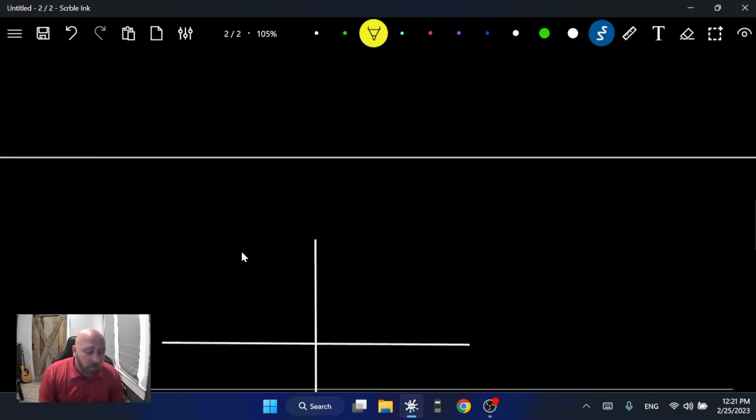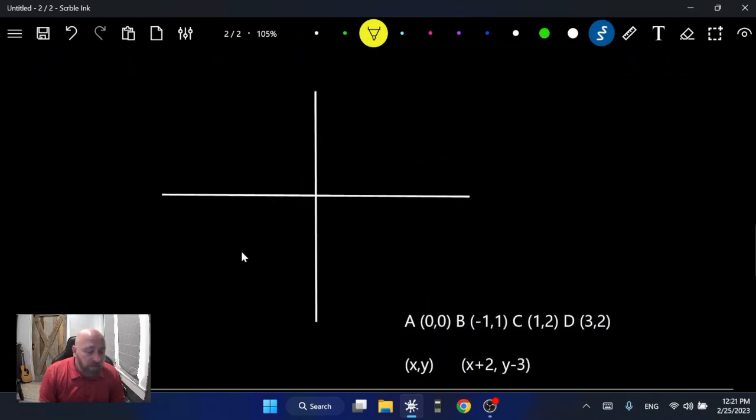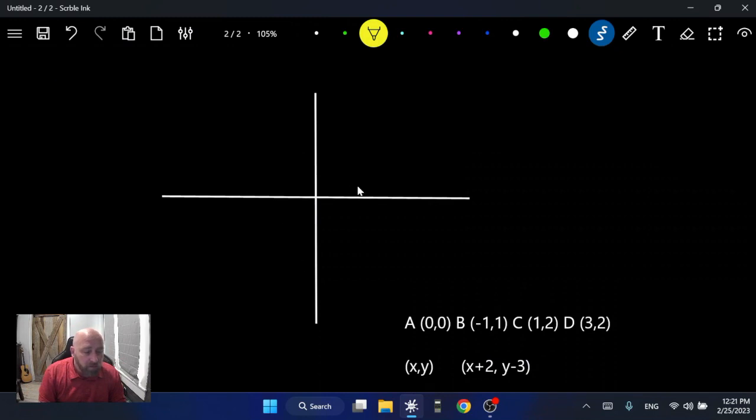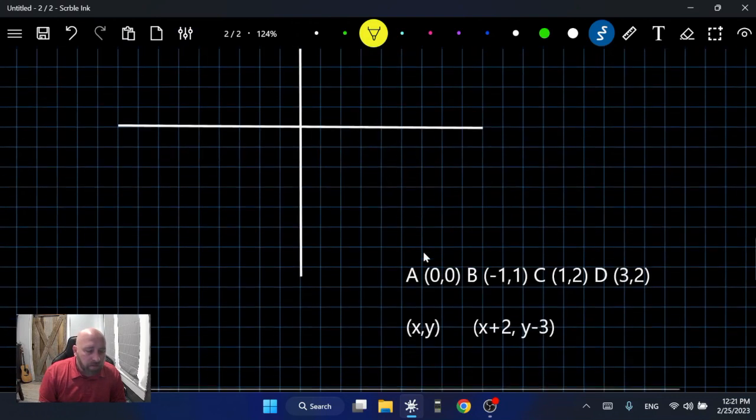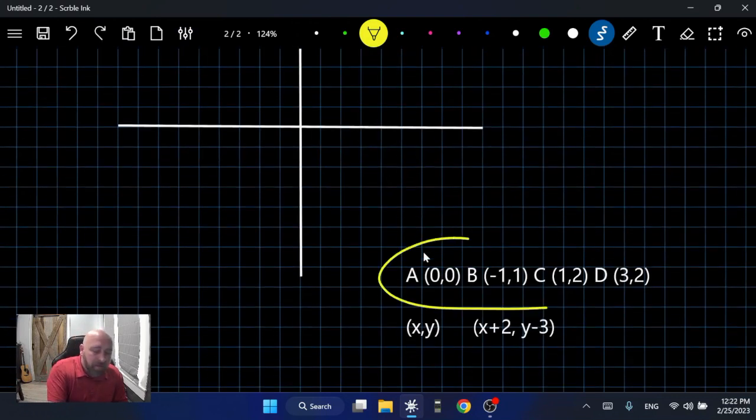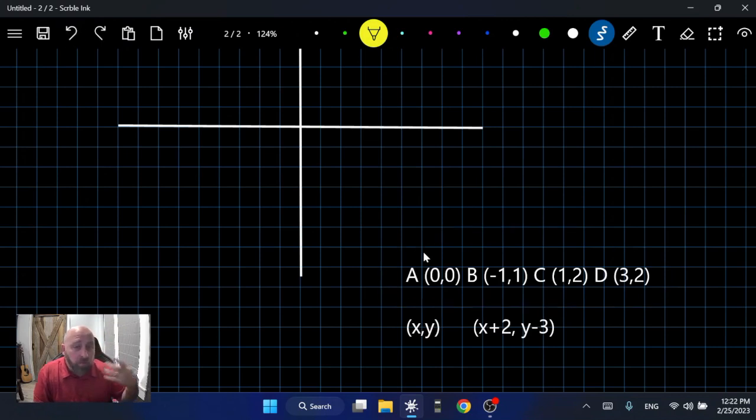All right, so let's try one of these. Let's actually see what this looks like on the graph. Let me go ahead and pull up my graph paper. If we look down here, they have given us our pre-image. We just have to put the pre-image on the graph. So the first thing you need to do is graph the points that they give you.